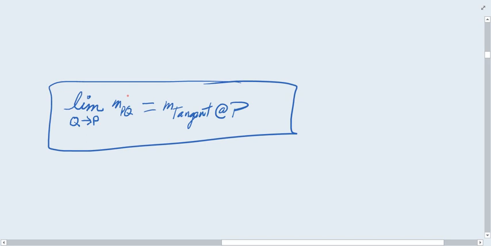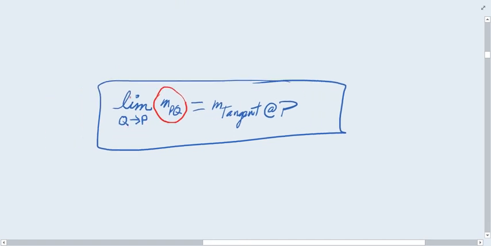And when we talk about the slope of PQ, as Q approaches P, gets infinitely close to P, what that approximates is the slope of the tangent line at P.